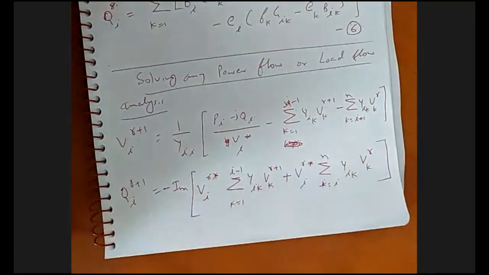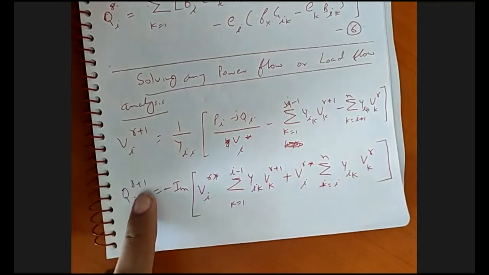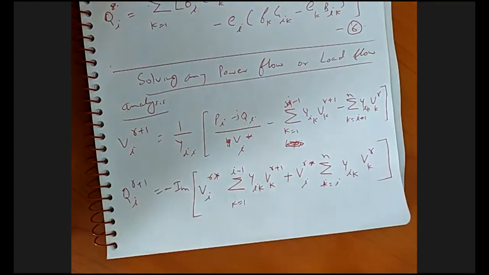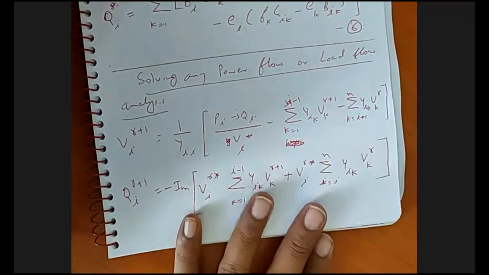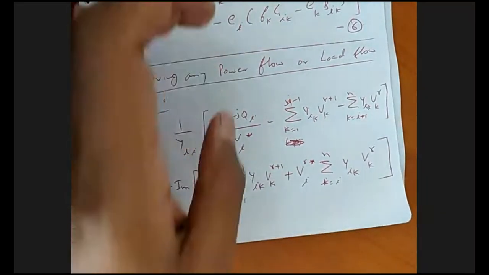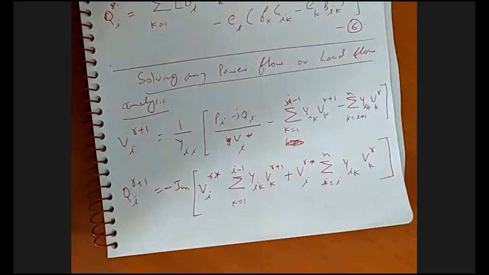And if you cannot remember those formulas, you can remember these two formulas only, that is Vi(r+1) and Qi(r+1). These are general formulas. Then we can solve and find out. It is not specified that you cannot use this formula or you have to use those formulas.